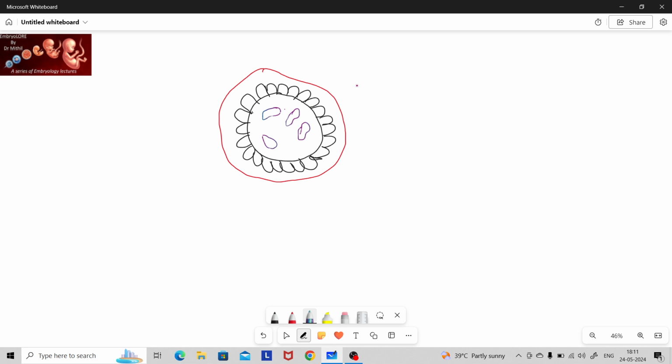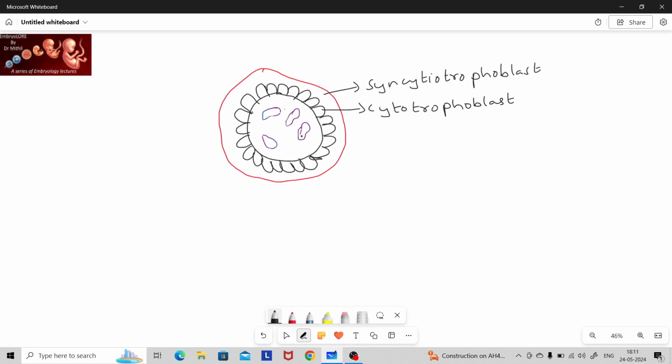First of all, one by one, let us label it. This is the syncytiotrophoblast, and next the cytotrophoblast.